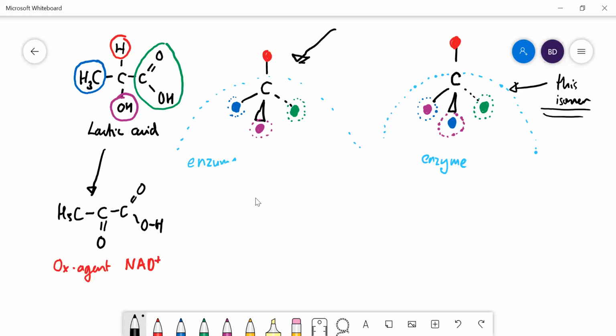Only one of the isomers can bind to the enzyme. The enzyme is essentially blind to the other one.